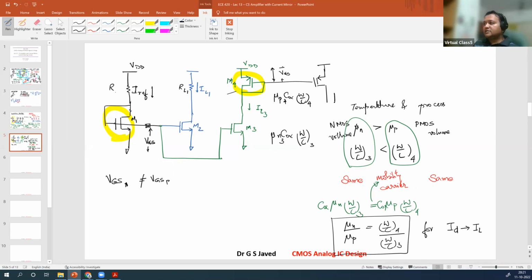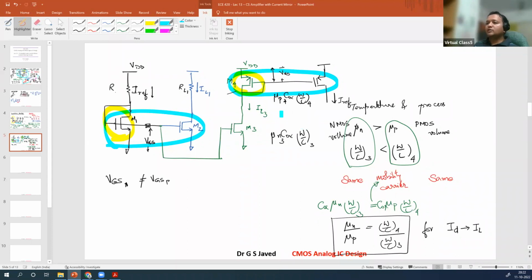But to get the same drain current of IREF here, you should ensure that the W by L changes and VGS also appropriately changes. In this way, you will have a separate NMOS mirror circuit with its own diode connected device. You will have a mirror circuit with its own diode connected device in the PMOS.